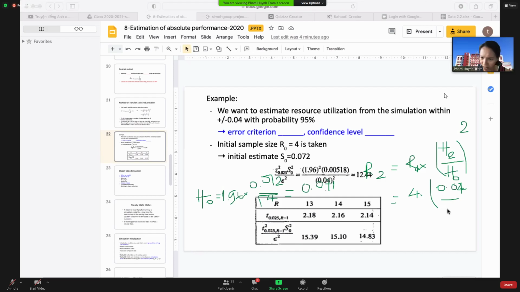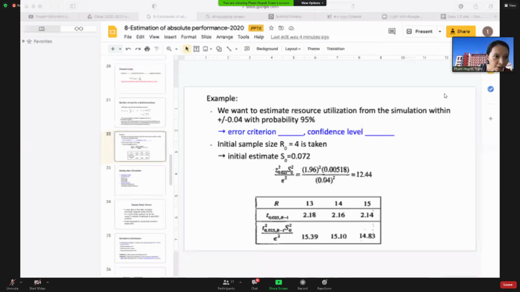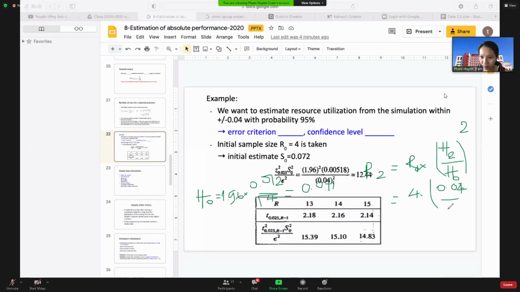Divided by, hold on, something wrong again. 0.04, that's right. Oh, I'm sorry, I'm wrong again, 0.2 here. Oops. All right, basically we will have the larger divided by the smaller.